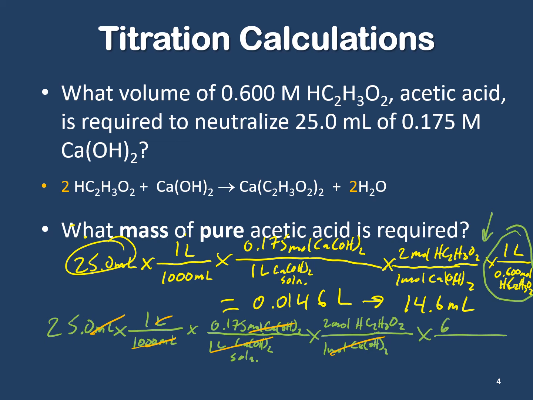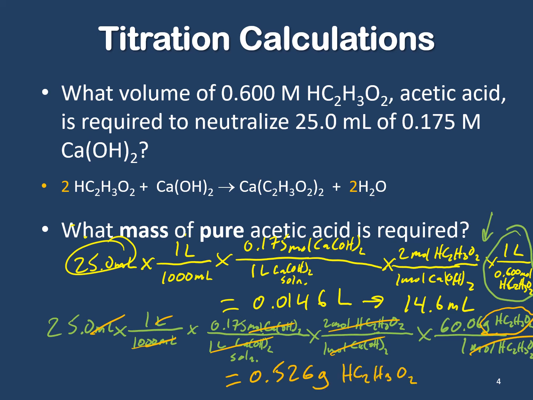The molar mass of acetic acid is 60.06 grams of HC2H3O2 per 1 mole of HC2H3O2. Right, and finally this cancels the moles of acetic acid and we're left with grams of acetic acid like we were asked for. This gives me about 0.526 grams of HC2H3O2 are required to neutralize all of that calcium hydroxide.